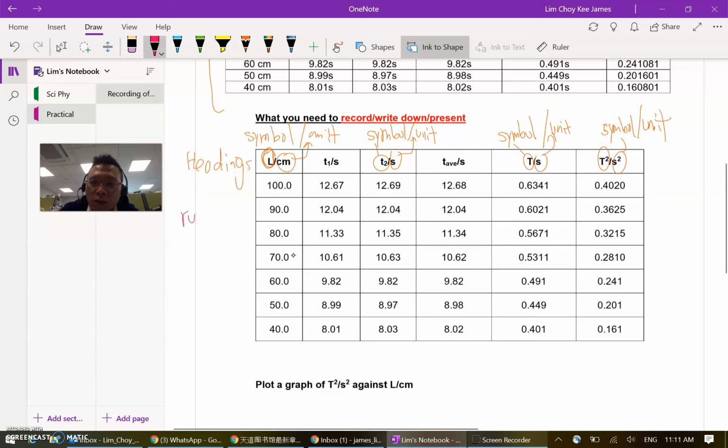The accuracy for a ruler is 0.1 cm, up to 1 decimal place measured in cm. So for a ruler, you'll be in 1 dp. Whenever you record length using a ruler, the data will all be in 1 dp.